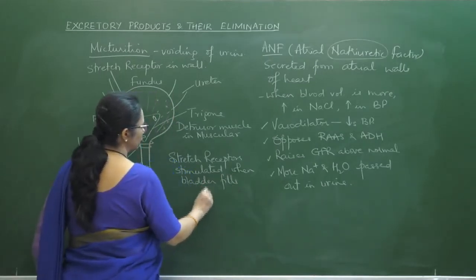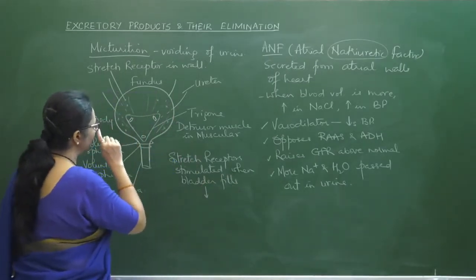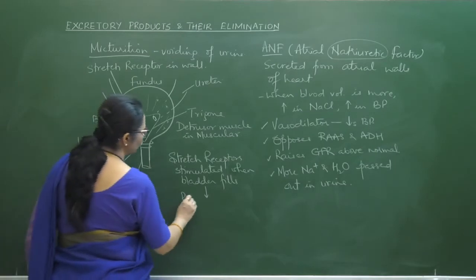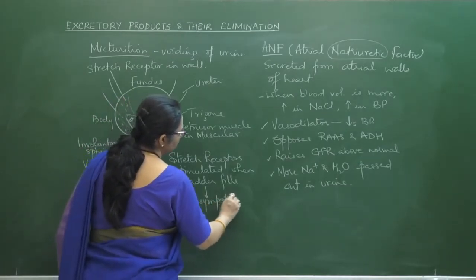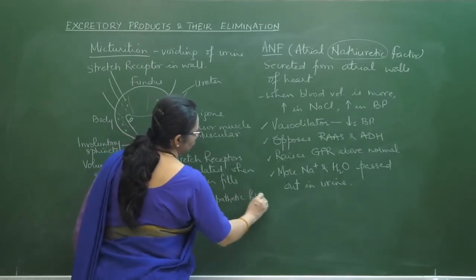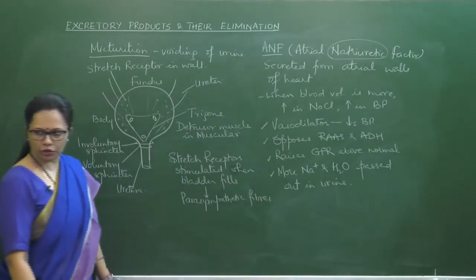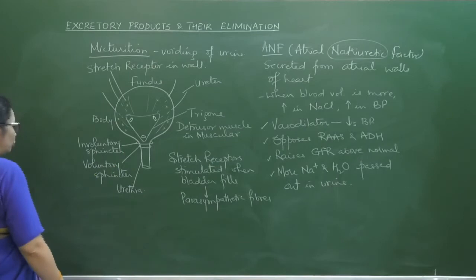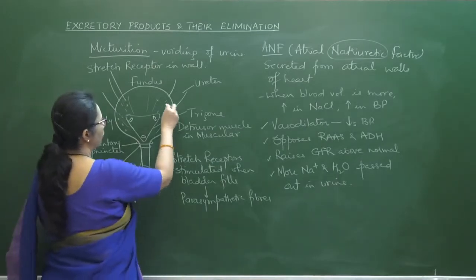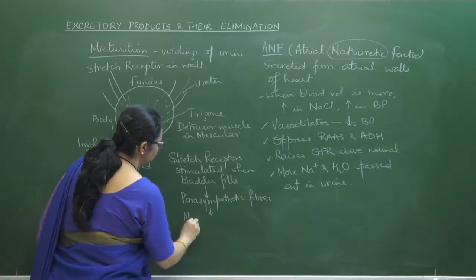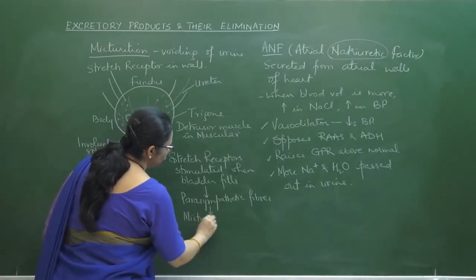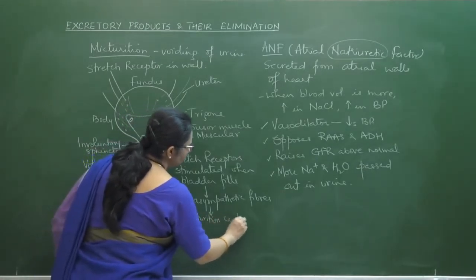And the impulse from here goes through parasympathetic fibers. Parasympathetic fibers carry this message from here to the micturition center. So this goes to the micturition center.